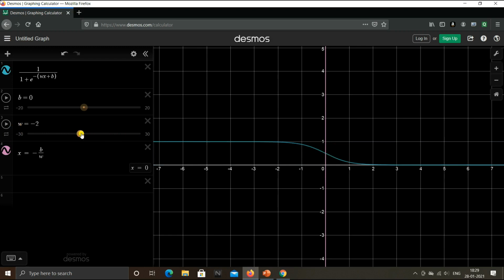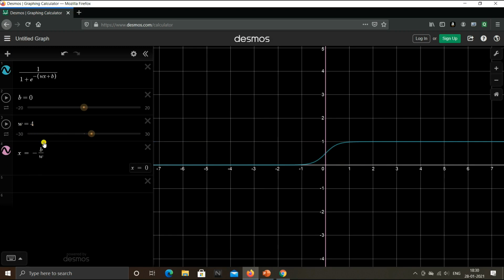If you decrease the value of w even more, the slope becomes steeper in the negative direction. So now we have seen how this function varies while changing the value of w.